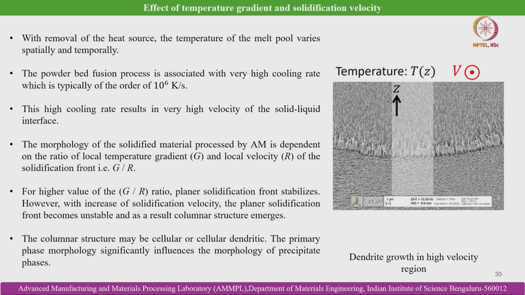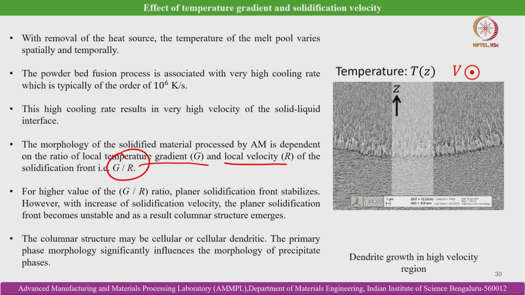This high cooling rate results in very high velocity of the solid-liquid interface, and the morphology of the solidified material processed by additive manufacturing depends on the ratio of the local temperature gradient G and the local solidification front growth velocity R. That is G by R, that we have discussed earlier.